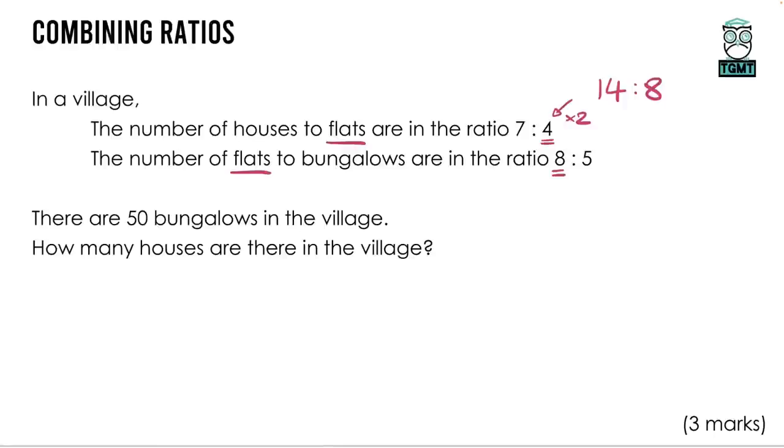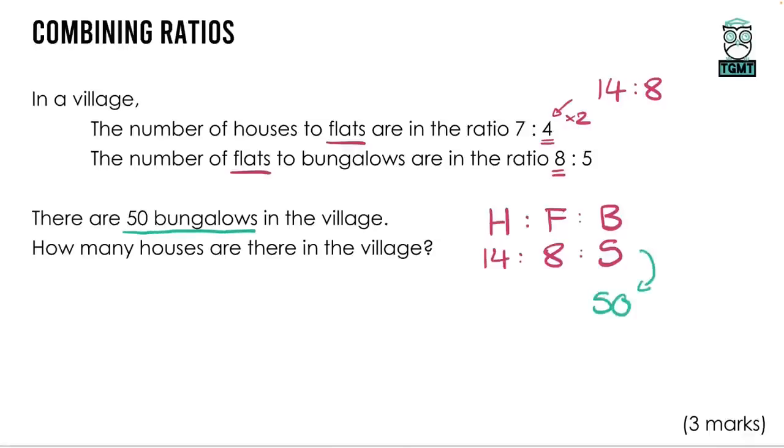Now that it's the same, you can actually write a 3-part ratio. So houses to flats to bungalows would be the ratio, well now 14 is for houses, flats is 8 in both, and bungalows is 5. From here, we can now figure something else out because it tells us that there are 50 bungalows. That matches up quite nice with the 5.